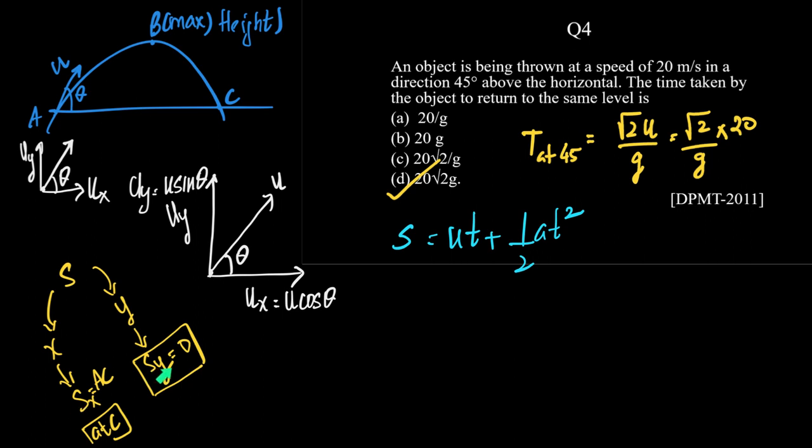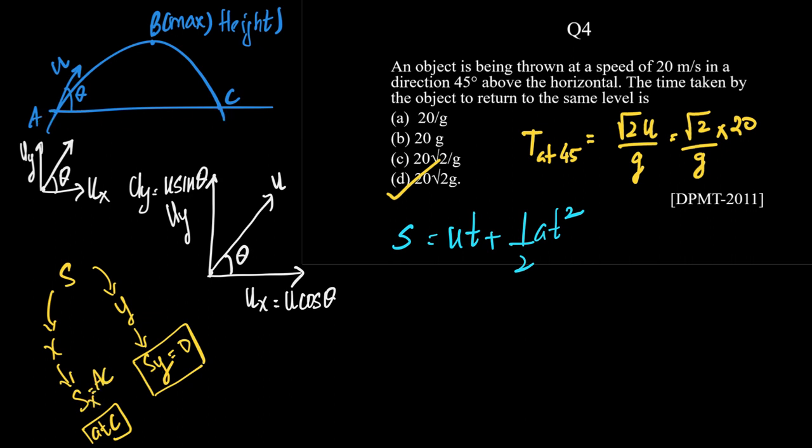So what does Sy represent? Sy represents the displacement in the vertical direction and Sx represents the displacement in the horizontal direction. So when we say Sx at C, this was the initial position, this is the final position, which means AC is now the horizontal displacement. So displacement in the x direction, Sx, is AC.